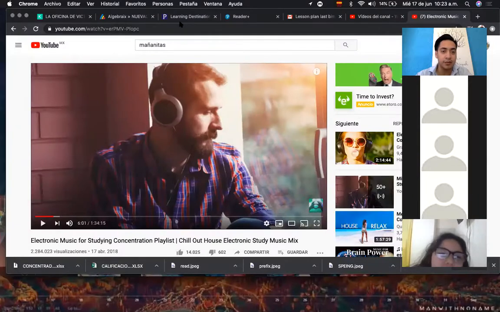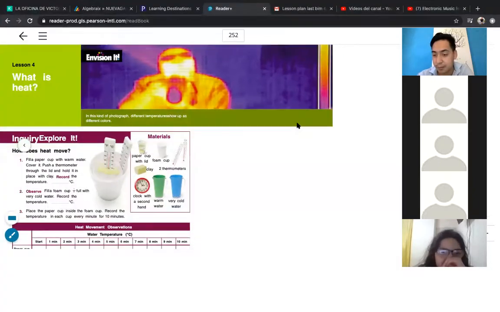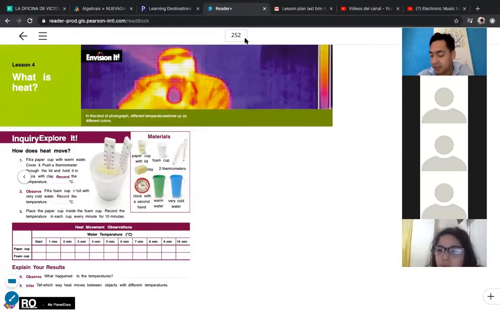Okay, students, so we are going to start working on the science. Here is the page. Everybody go in your Pearson book to page 252. Everybody to page 252.